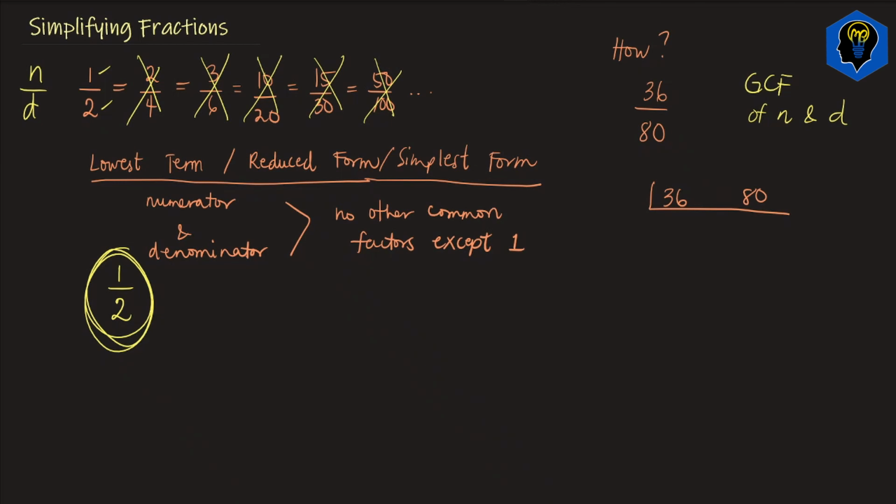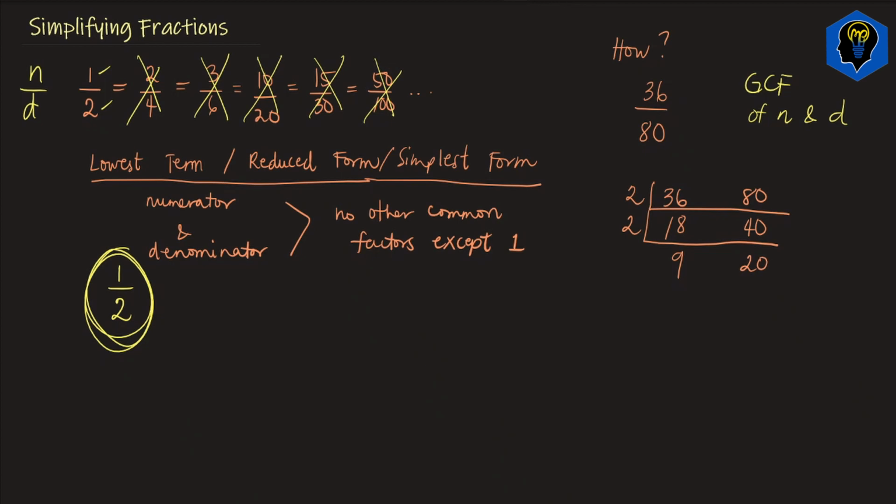So 36 and 80 can both be divided by 2. So 36 divided by 2 is 18 and 80 divided by 2 is 40. Now 18 and 40 still have a common factor, which is 2. 18 divided by 2 is 9 and 40 divided by 2 is 20.